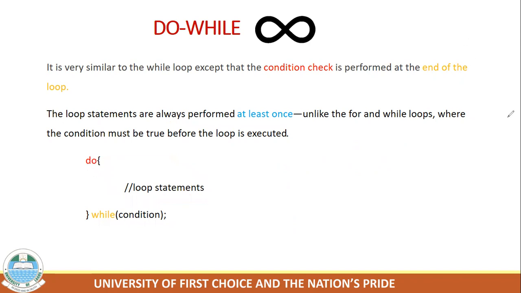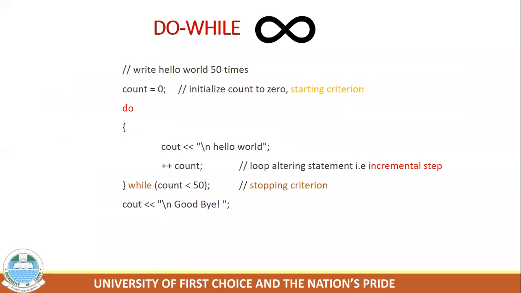So let's continue. Let's use our do while loop to also display hello world to the screen 50 times. So what do you do? You initialize count to 0, that is to say that's your starting criterion.